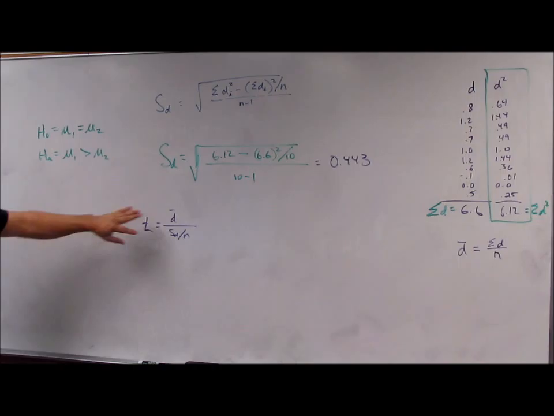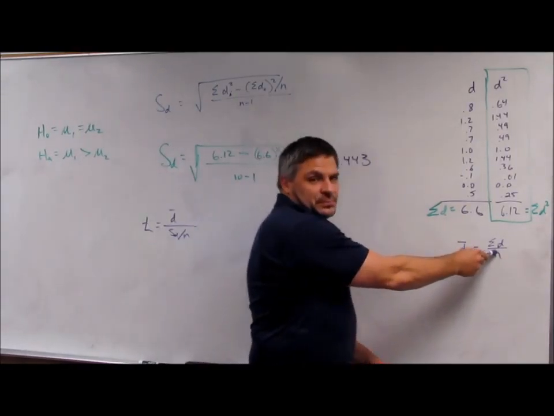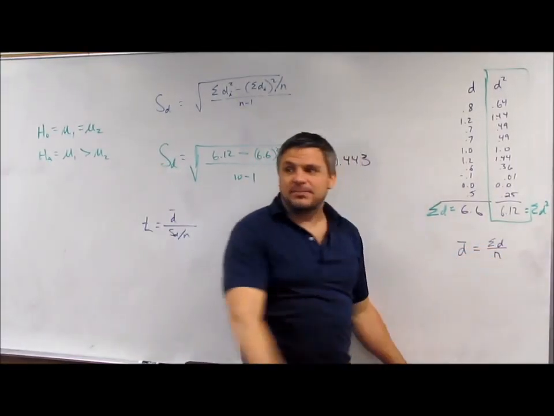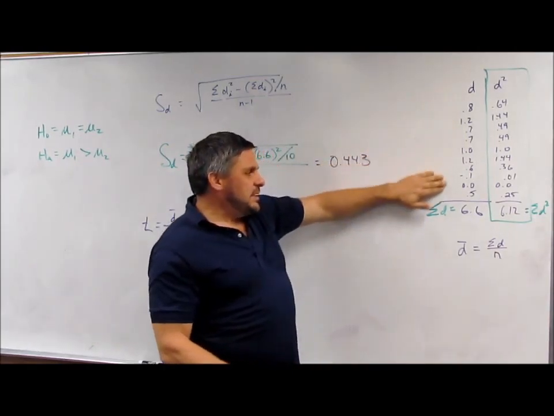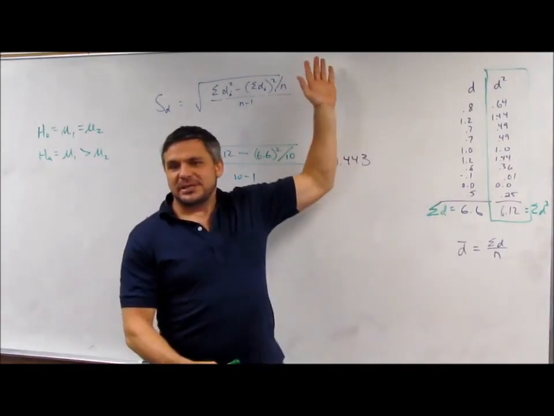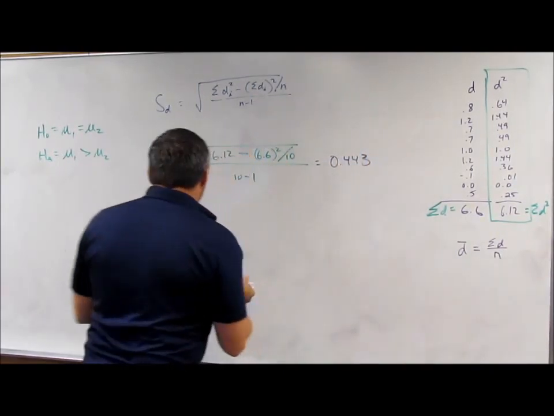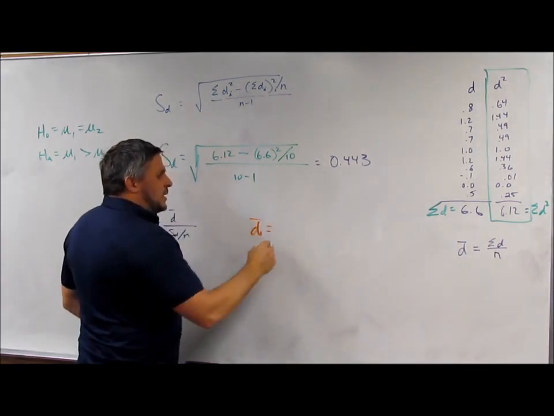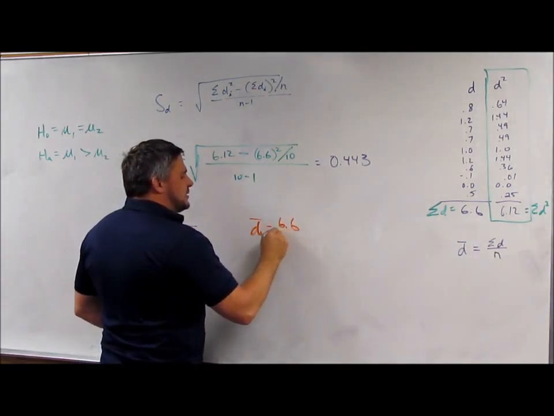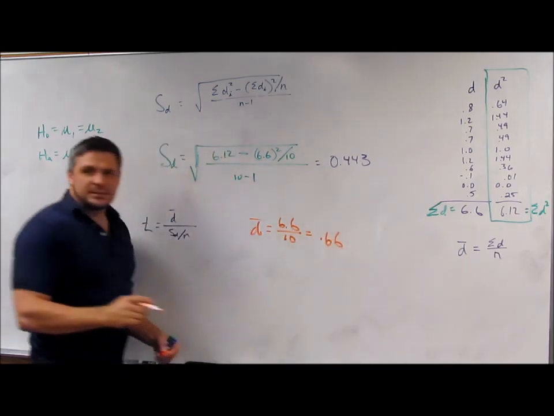Now I have to find d bar. d bar is equal to the summation of d divided by n. In other words, you add up all your d's and divide by the number of d's. So d bar is equal to 6.6 divided by 10, which equals 0.66.